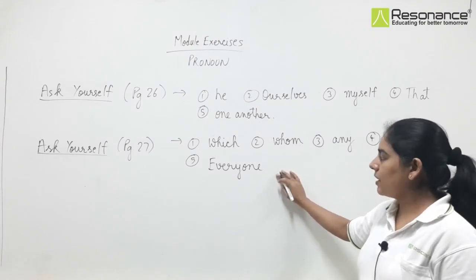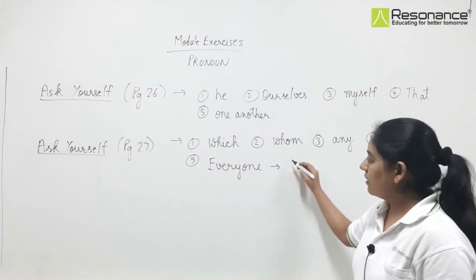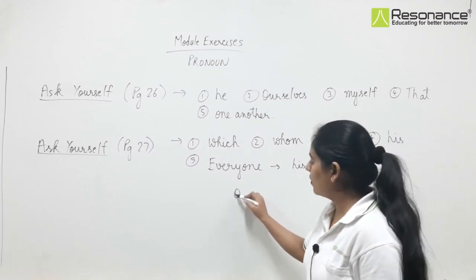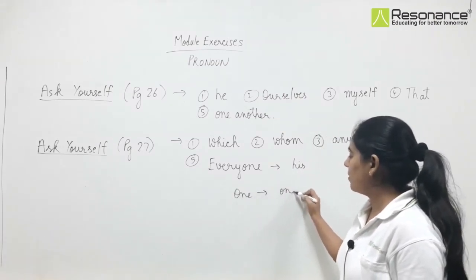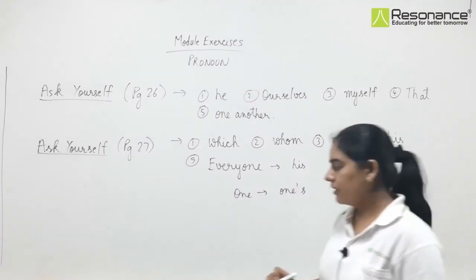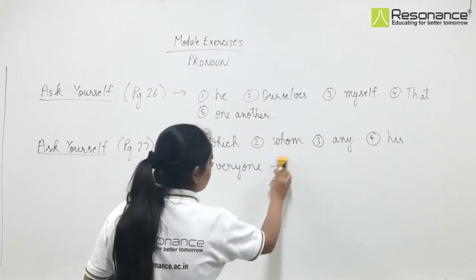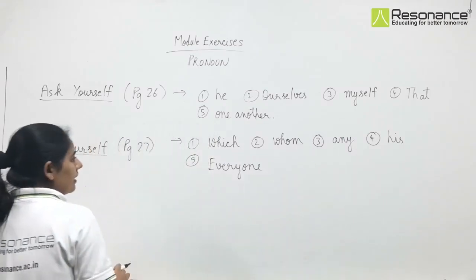Okay, remember one thing, the possessive case of everyone is his. If we use only one, then the possessive case will be one's. Fine. So this is a very important point, you need to remember it. Alright, so the answer of the 5th question is everyone.